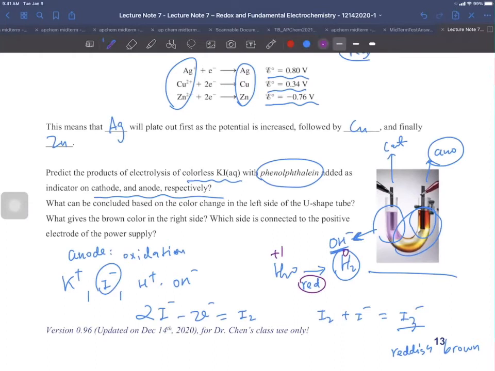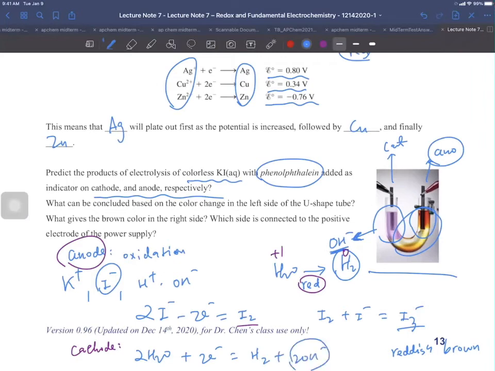So if we summarize, this is the reaction on the anode, and on the cathode, we already figured out it is the evolution of hydrogen gas from water. Water gains 2 electrons, turning into hydrogen gas and 2 hydroxide.